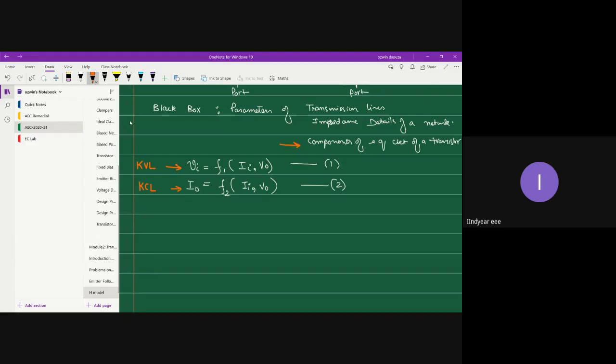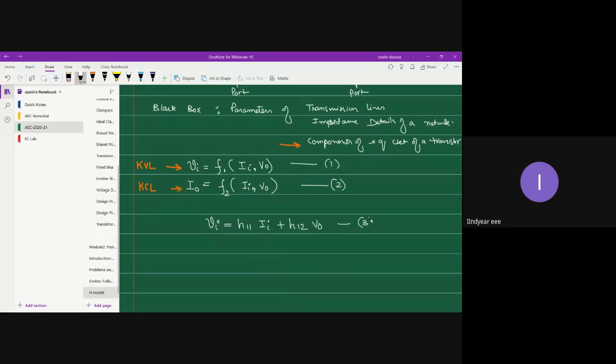Let's write it as something like Vi is equal to a linear algebraic equation. Vi is equal to some unknown H11 and the independent variable Ii plus some unknown H12 and the independent variable V0.